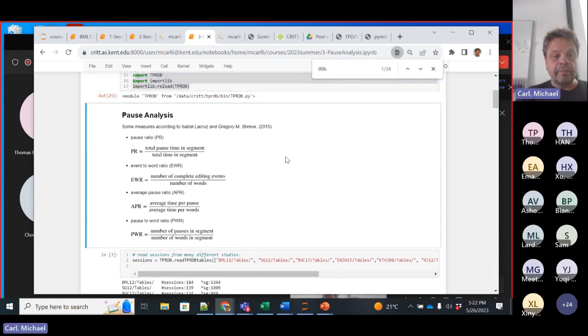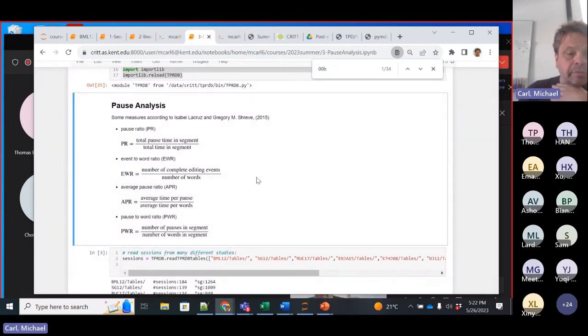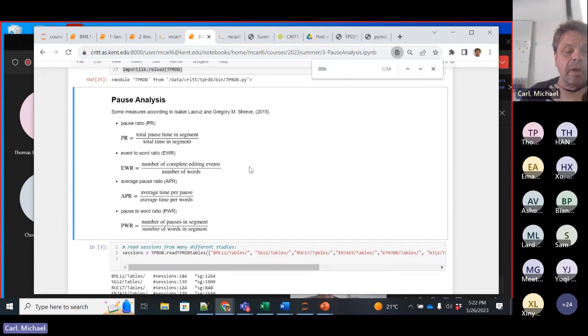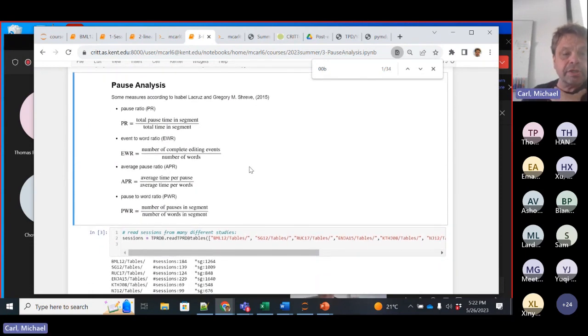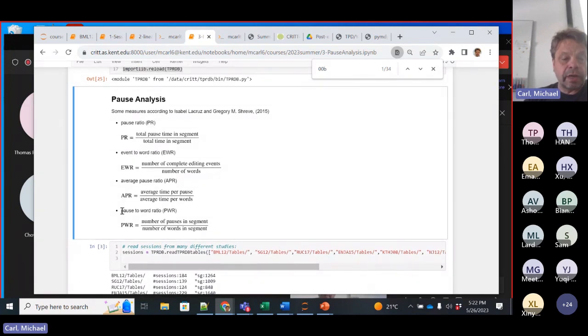Here is a brief summarization of the measures that she showed in the book chapter, and we have these different definitions of pause ratio, event to word ratio, average pause ratio, and pause to word ratio. Okay, I would like to focus on this one here.